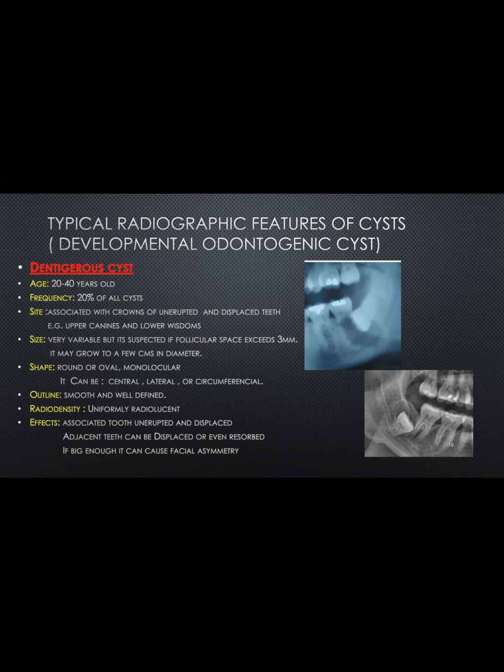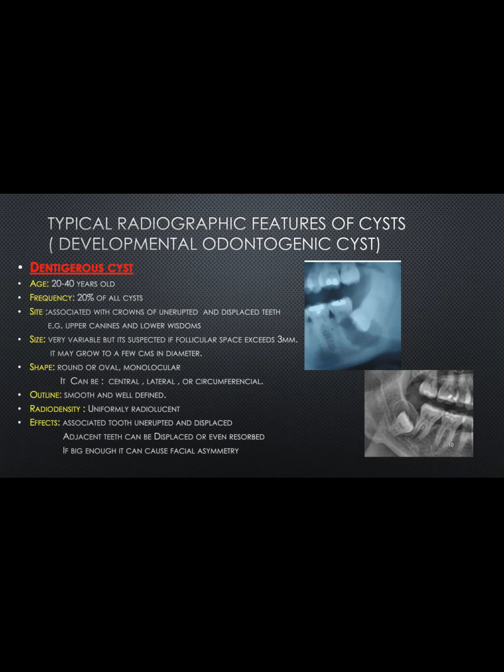Now, any tooth that's erupting has a follicular space. If that space exceeds 3 millimeters, then we might point our fingers and think this is a dentigerous cyst. Now, this cyst also is round or oval. It's monolocular. It's radiolucent. It could form around the center, lateral, or it could be circumferential to the unerupted tooth.